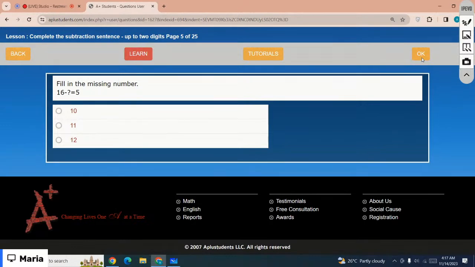Yes, the correct option is 16 minus, very good, 11 equals 5. The correct option is 16 minus 11 equals 5.